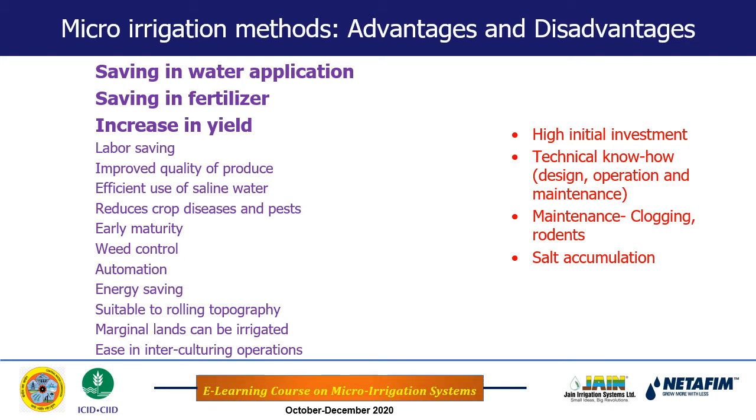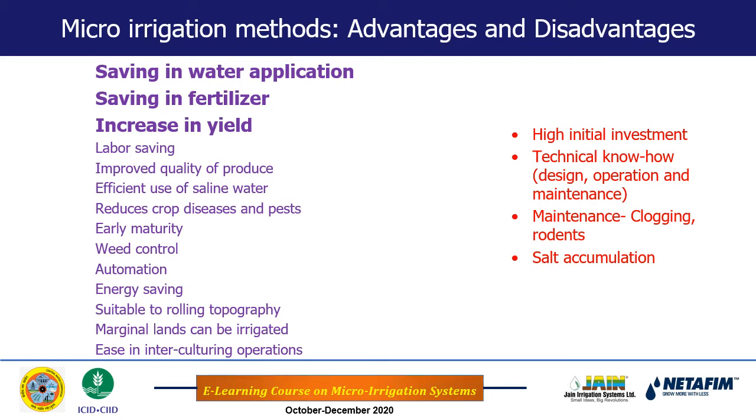Because of this, as I told you, there is saving in water application and enhancement of productivity. But besides that, there are several other advantages associated with micro irrigation methods. Of course, as there are advantages, there are certain limitations as well. So we'll see these advantages and disadvantages.